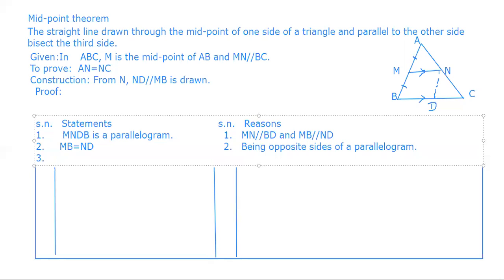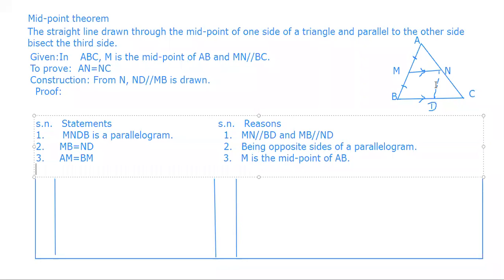And we know AM and BM are equal. Why are they equal? Because M is the midpoint of AB.